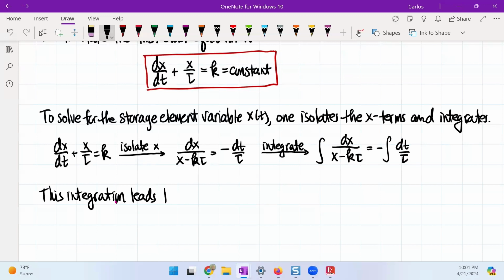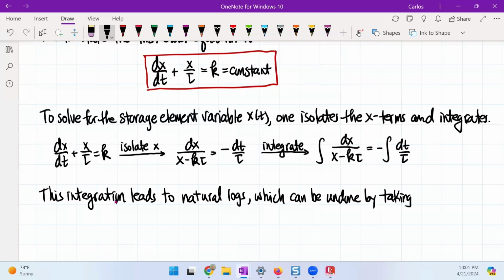Leads to natural logs, which can be undone by taking the exponential of both sides.